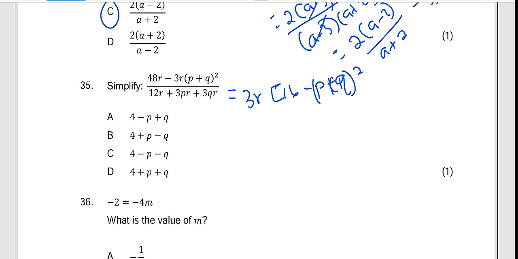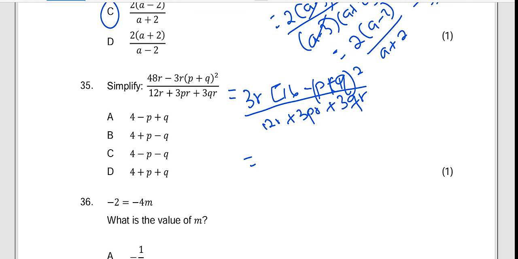To the exponent of 2. And then in the denominator, it's going to be 12r plus 3pr plus 3q plus 3qr.